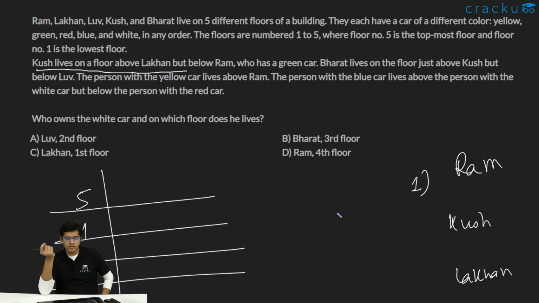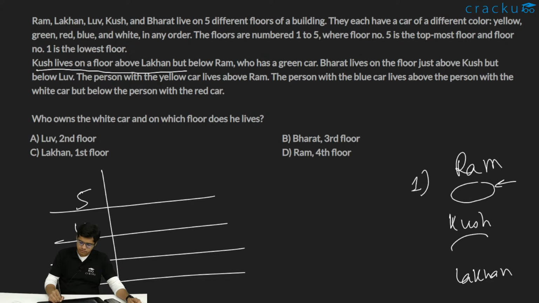So it might happen that Lakhan is here, 2 floors above Kush is living, and above him Ram is living. So we will consider that there might be some floors in between. We are not sure. Let's move to the next line. Another information is given. Ram is owning a green car.